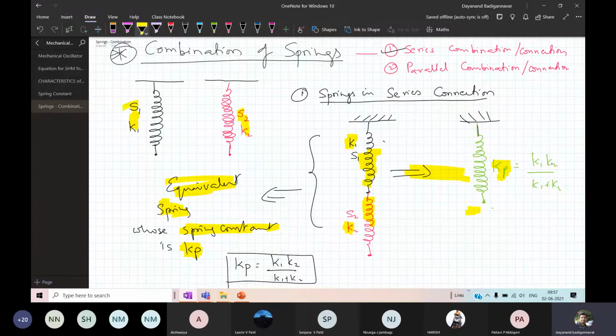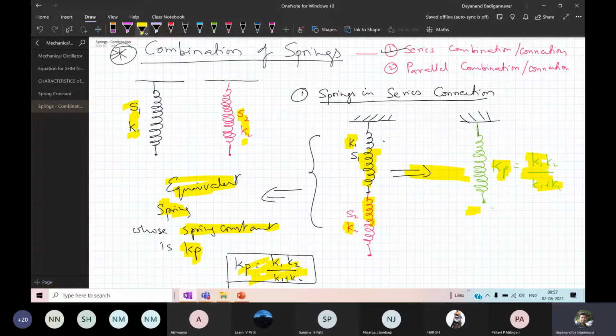So if I have two springs S1 S2 with spring constants K1 K2, and I connect them in series, I will get an equivalent spring whose spring constant is K1 K2 divided by K1 plus K2. That means I can replace the two springs in series with an equivalent spring whose value is given by this equation. This is just a statement. I have to prove that.